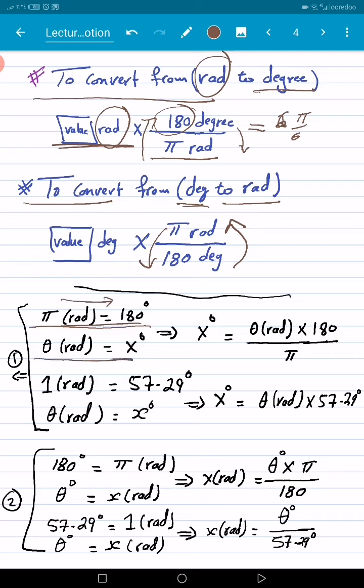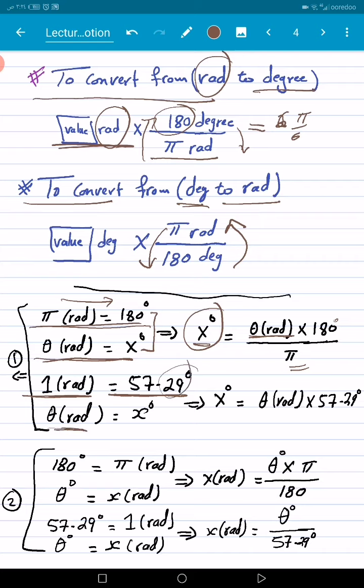Pi in radians, how much in x? So from this equation, I can find the degree from this equation. Theta in radians, same here. Multiply 180 degrees divided by pi, same. Number 2, 1 radian, and you can check it in your calculator. 1 radian is equal to 57.29 degrees.